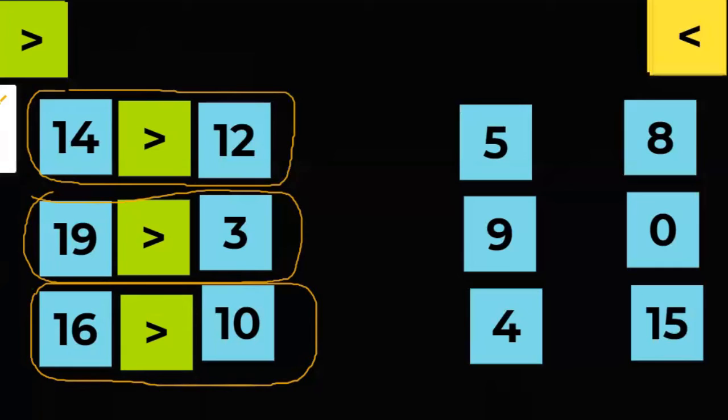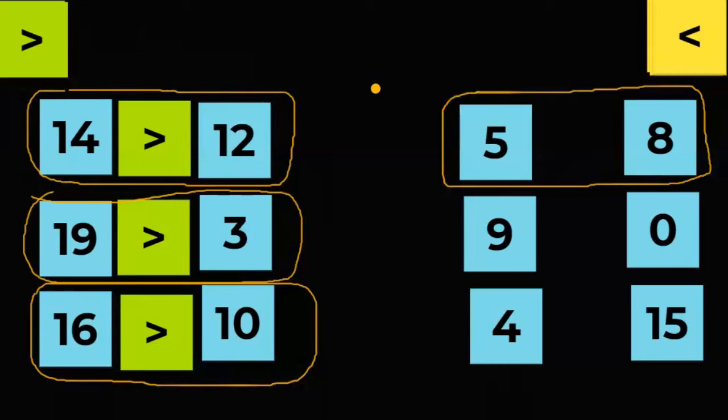Is the 5 bigger than the 8? Is the 5 greater than the 8? No, the 5 is smaller than the 8. So we are going to use the less than sign. See? The less than sign, it points to the smaller number, opens up to the greater number. So it reads 5 is less than 8.